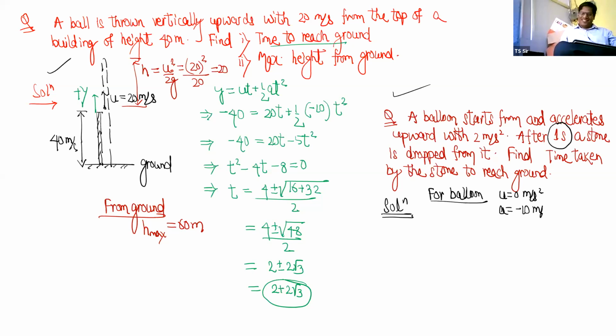Sorry, here acceleration is not minus 10. Getting it? Because it is told that it accelerates upward with 2 meter per second square. Why it is accelerating upward instead of coming down is a different story, but whatever is happening, it's going up with acceleration 2. So don't take a as minus g. The balloon is moving near the surface of earth, but the only force acting on it is not gravitational. When a body has 10 meter per second square acceleration, the only force acting on it is gravitational force.